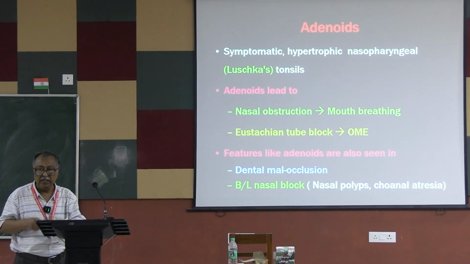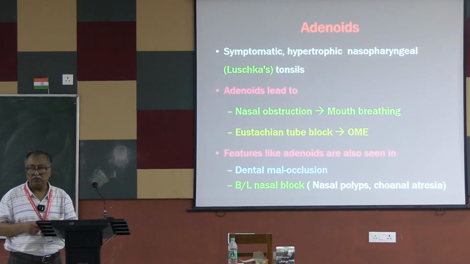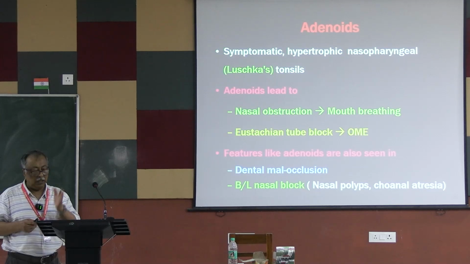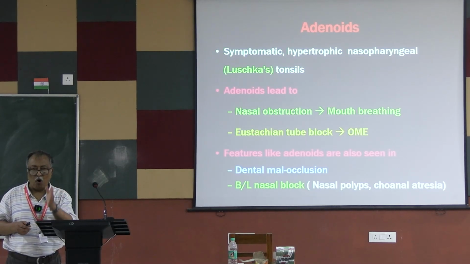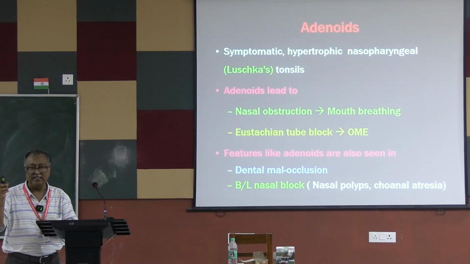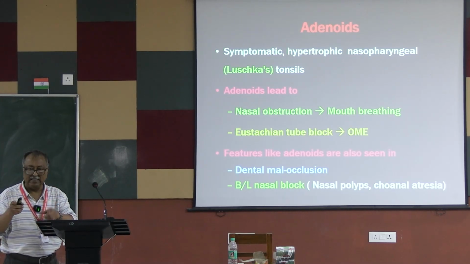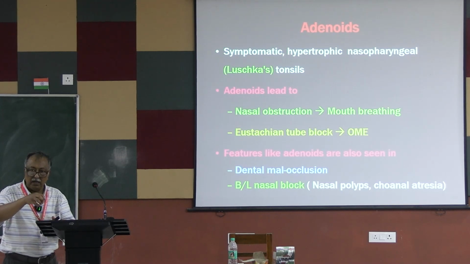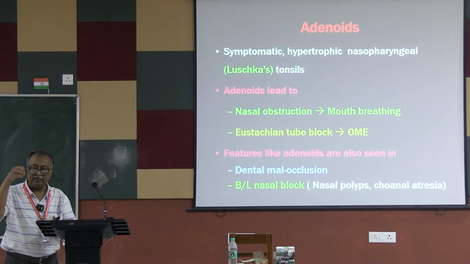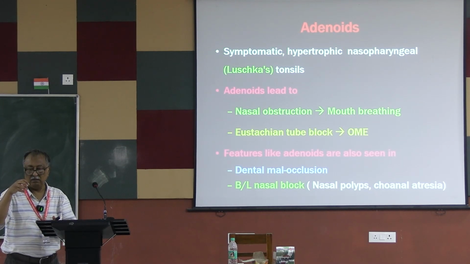What happens? The eustachian tube is blocked. The eustachian tube is used to equalize the atmospheric pressure between outside and inside the middle ear. But when it is blocked, there is a sudden atmospheric pressure change in the middle ear cavity. What happens? The air is absorbed by the vessels of the middle ear.